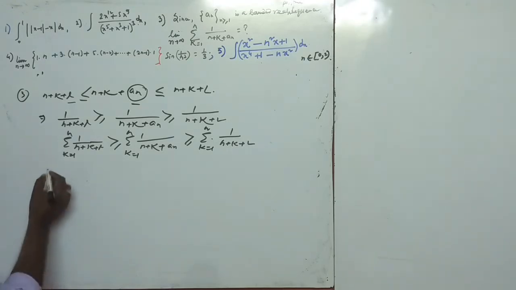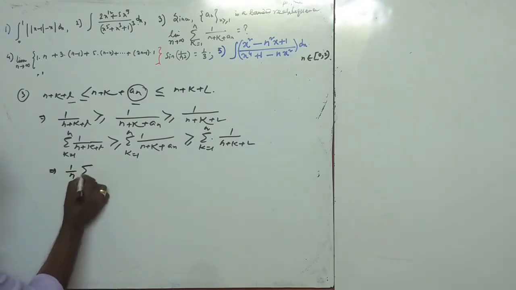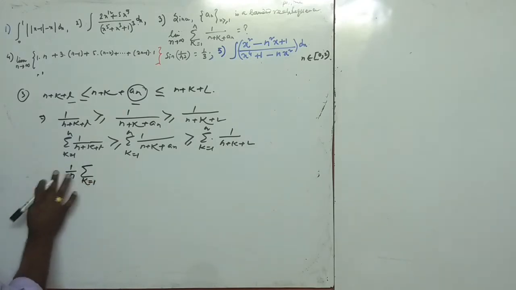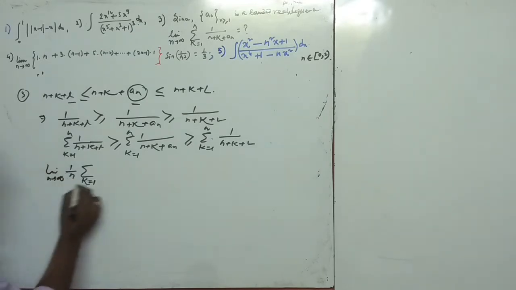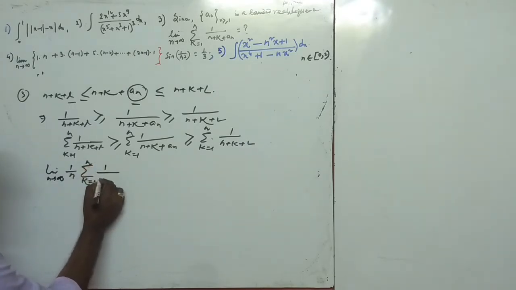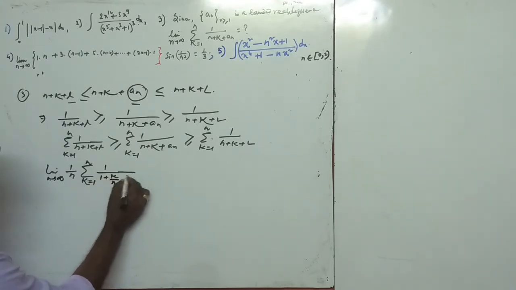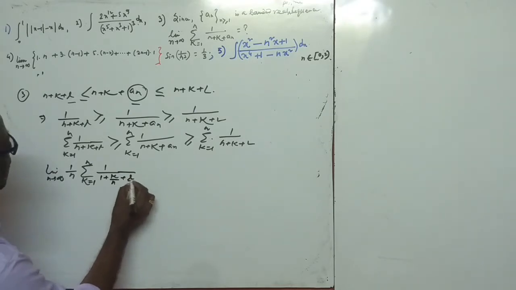And see the technique here, that is 1 by n, that is k is equal to 1. Let us take a limit here, limit n tends to infinity, and that to be n here, so that is 1 plus k by n plus L by n, okay.